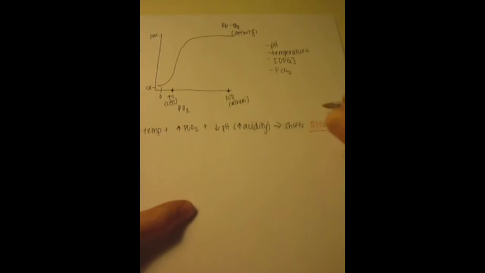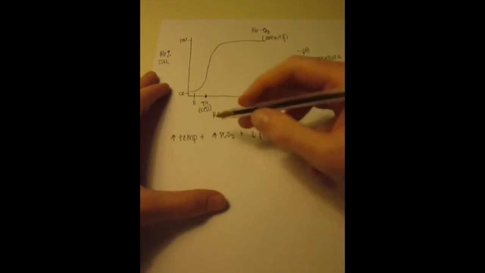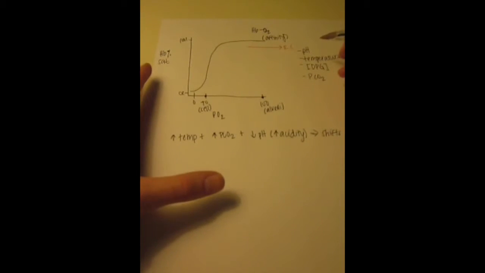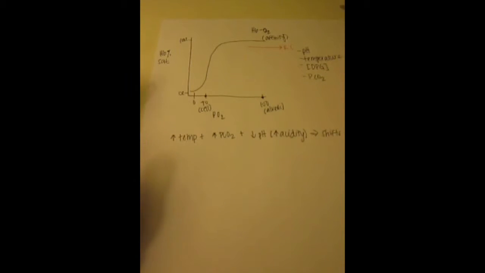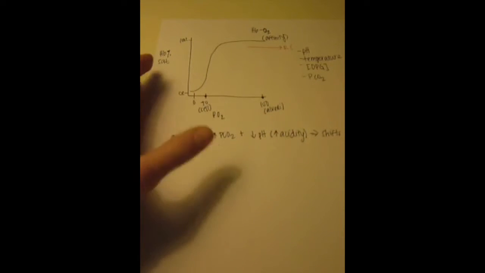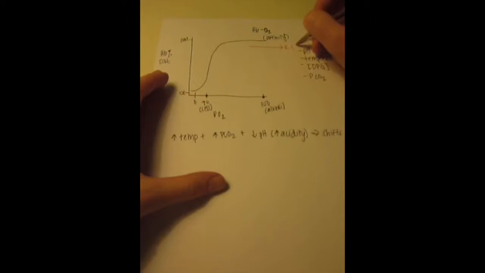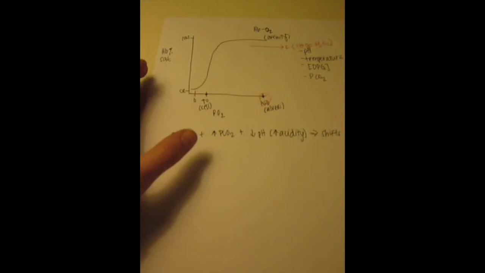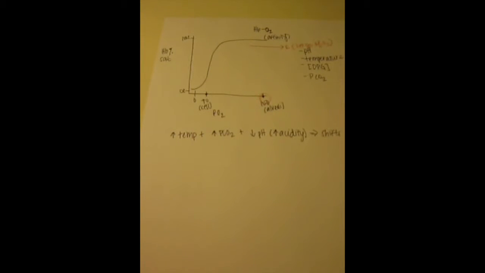So all of these things are shifting right. When you shift your curve to the right, that means there's decreased affinity of hemoglobin to oxygen, so it's going to be easier to let go of oxygen. This makes sense because when you're moving right, you're closer to over here where you're in the alveoli, where you're going to have the most oxygen.